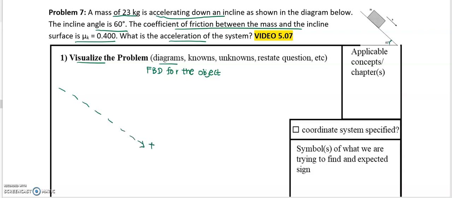A vector has not only a magnitude but also a direction. So positive x-axis and positive y-axis. The x-axis is along the inclined plane and the y-axis is perpendicular to the inclined plane.